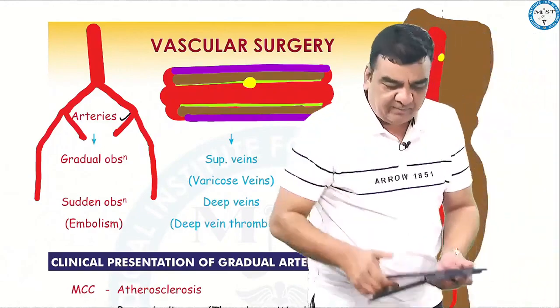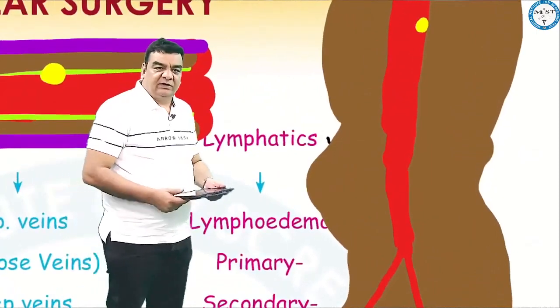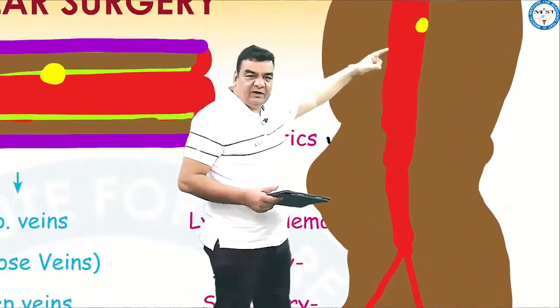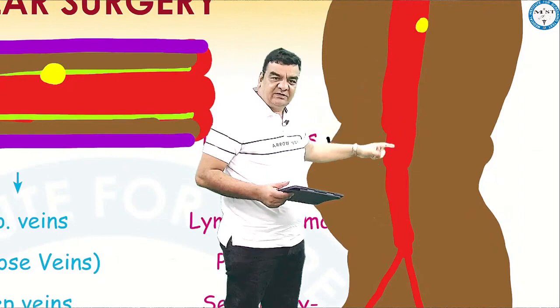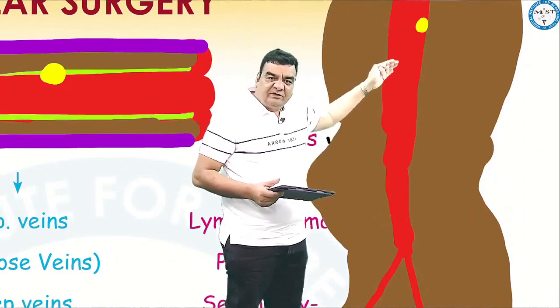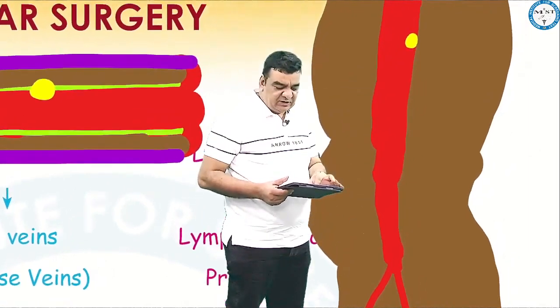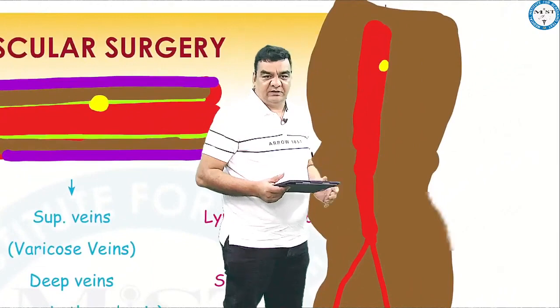It is not that the supply to the distal part is getting much affected, right? The supply is still taking place because there is a good amount of lumen here. So the patient might not be having any complaints in this stage when the patient is at rest.